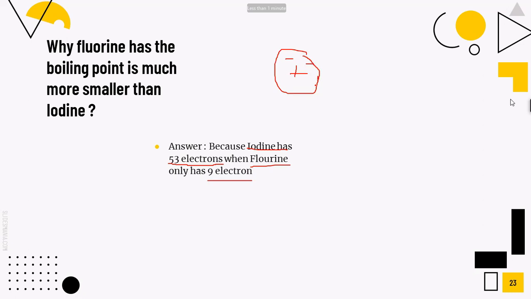If we have more electrons, then when this atom is polarized and interacts with another polarized atom, the attraction force is greater because it has 53 electrons. So 53 electrons will attract the 53 protons, and it will create a very, very strong bond between the two atoms.